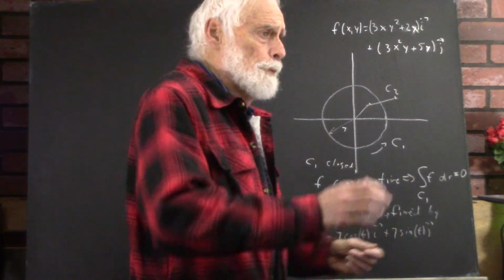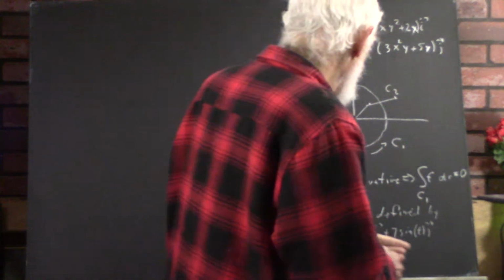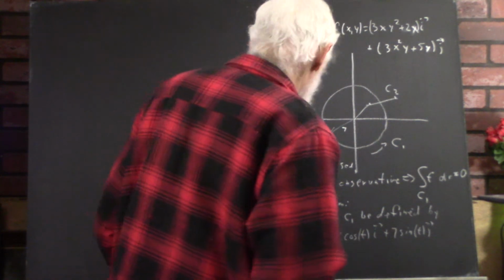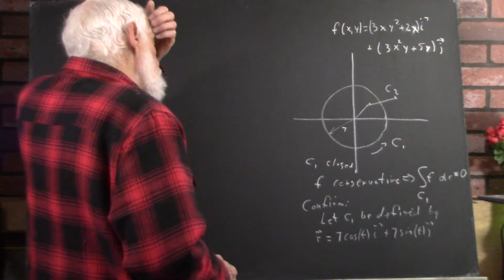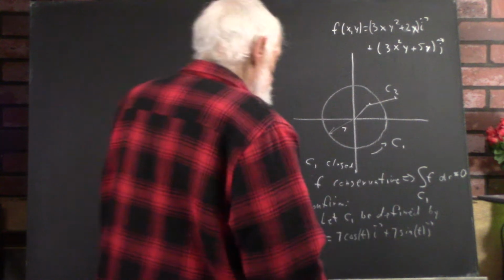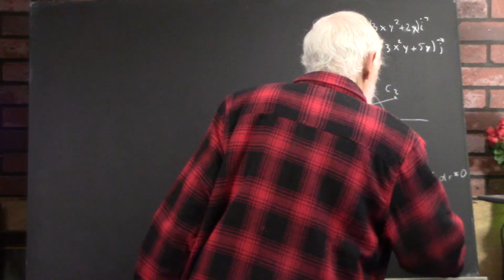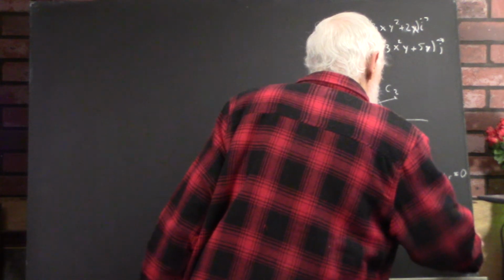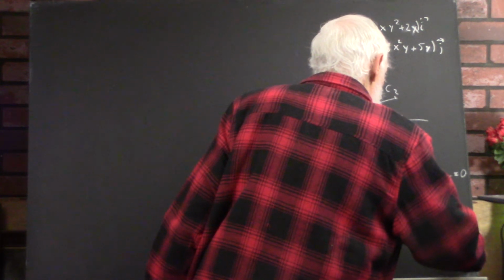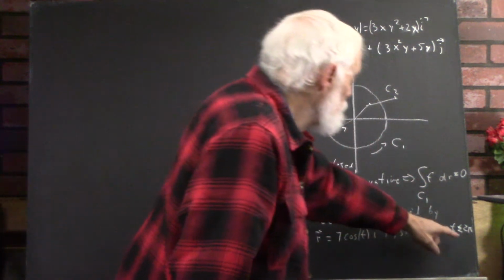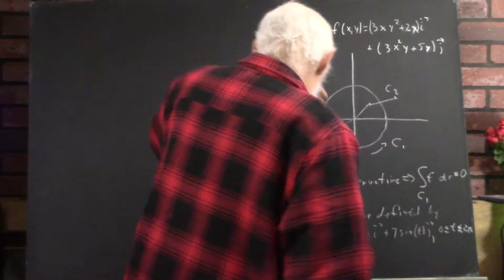That should be pretty clear and pretty well understood. Okay, now that's your r vector. Our parameter is t, and of course we want to specify t from 0 to 2 pi, which is kind of implicit, but we really ought to write it out. Okay, so our parameter interval is 0 to 2 pi.